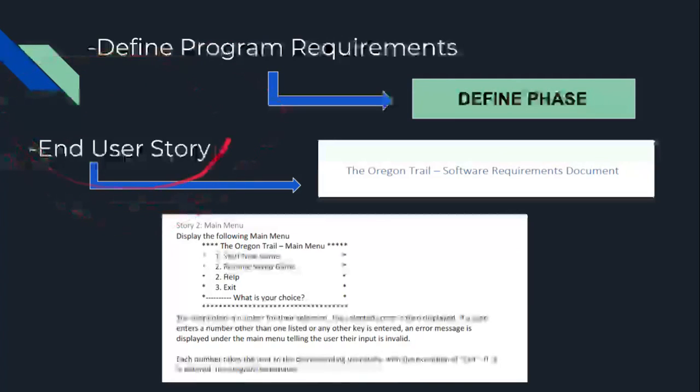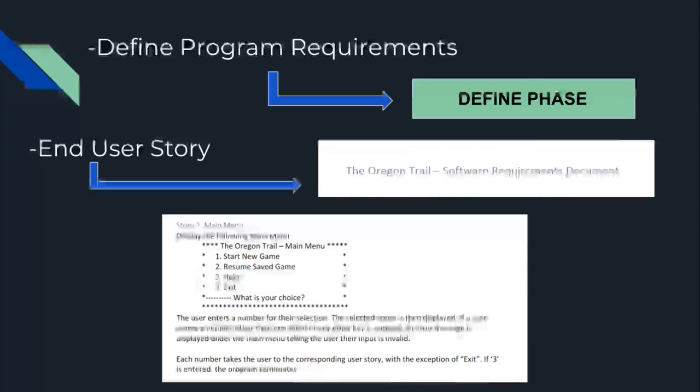End-user stories are part of the define phase, and they define the problem, define what the program has to do and how it has to respond when the user plays the game. Each end-user story should describe what the end user sees on the screen, what actions the end user takes, and what the program does in response to each valid and invalid action the end user may take.